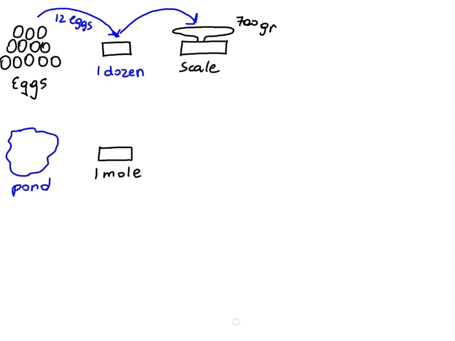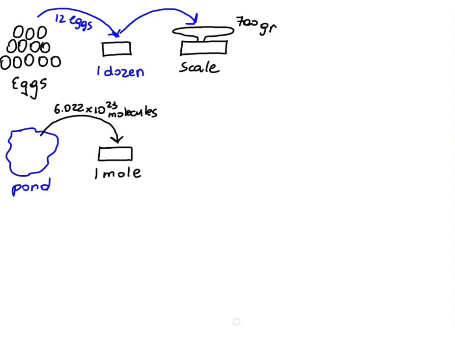So how many water molecules can you transfer from the pond to fill 1 mole, for example, in a box? For that, you need 6.022 times 10 to the 23 molecules. That many molecules you need to fill this 1 mole.